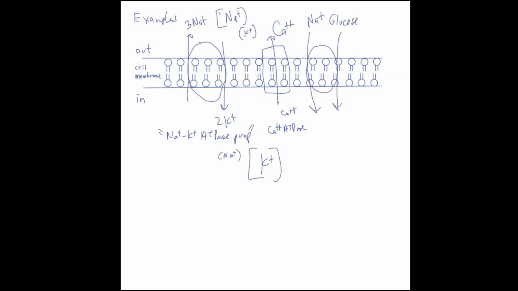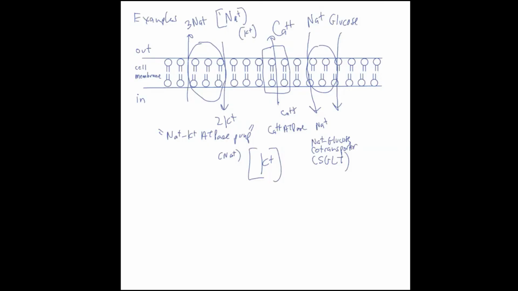So that requires input of energy. The sodium's going down its gradient, and then glucose also can go down into the cell, taking advantage of that. And this transporter is called the sodium glucose cotransporter, or SGLT. This one's very important, especially in the kidney, where it's the target of a very important pharmacological agent that is used in the treatment of diabetes mellitus.